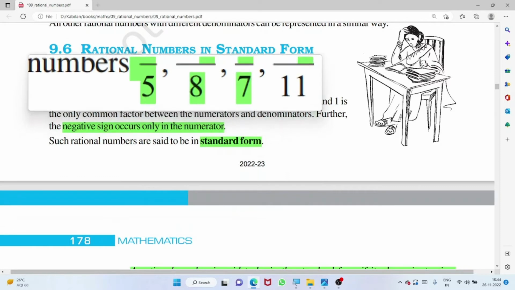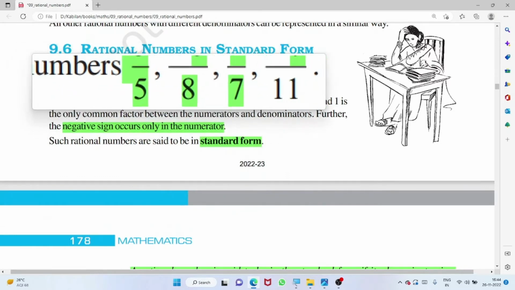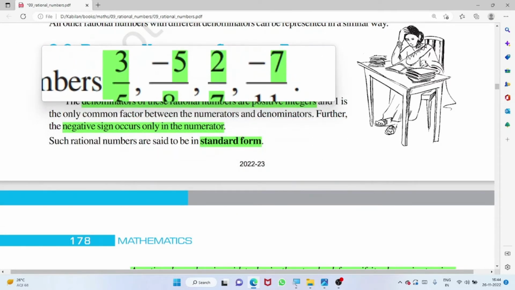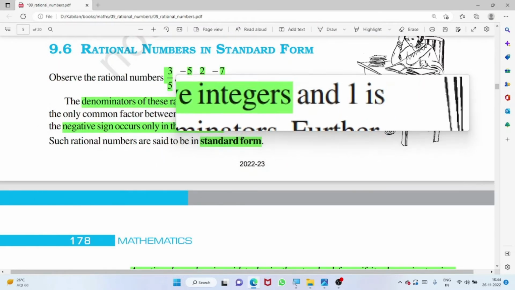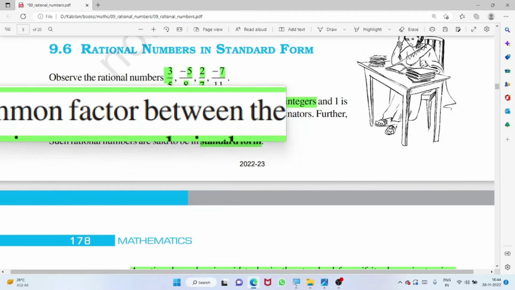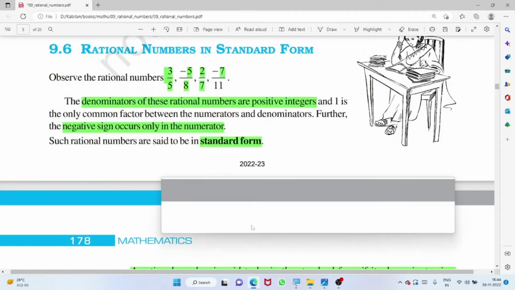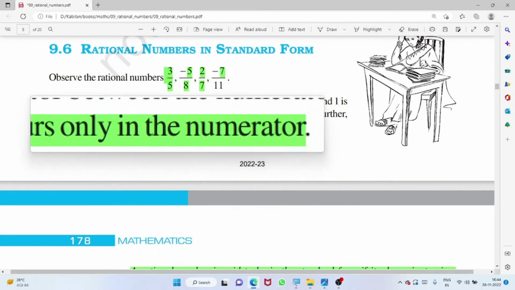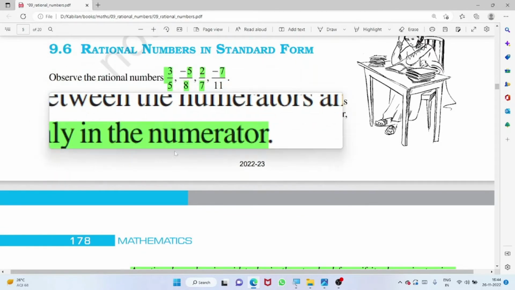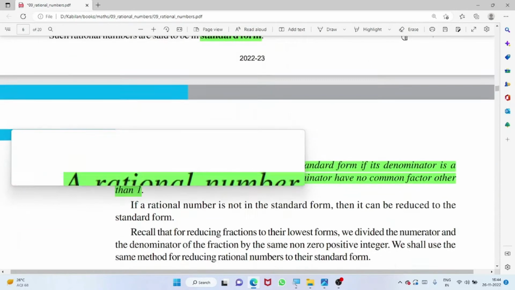That means we cannot simplify it further. 3 by 5 we cannot simplify further. Minus 5 by 8 cannot be simplified further. So that is what they are saying: 1 is the only common factor between the numerator and denominator. Further, the negative sign occurs only in the numerator. This is the standard form.